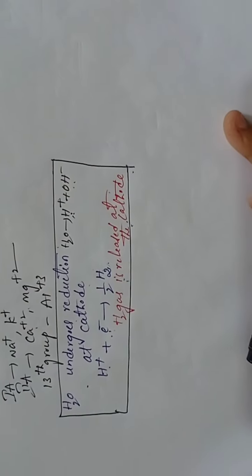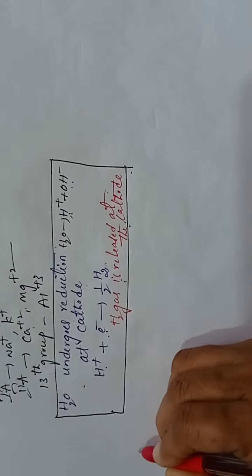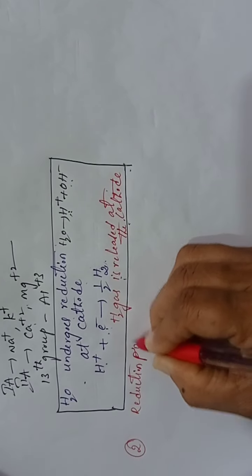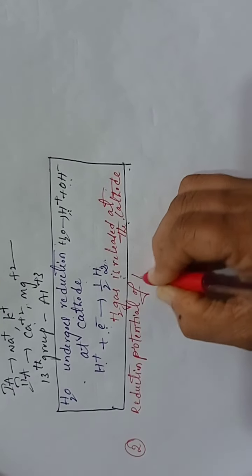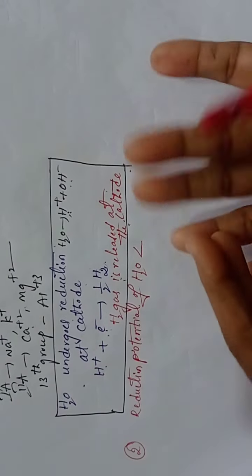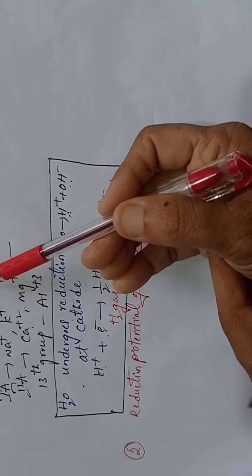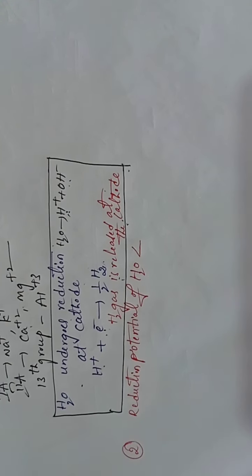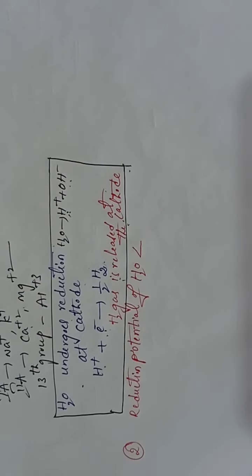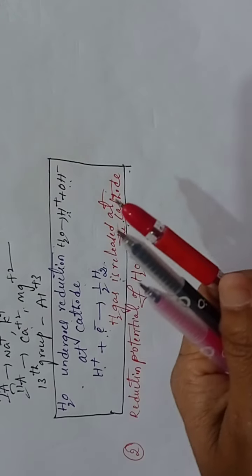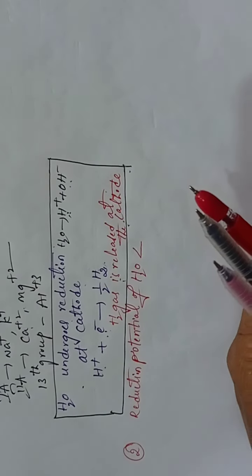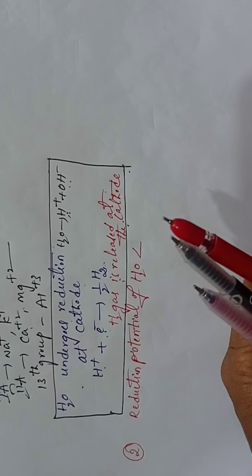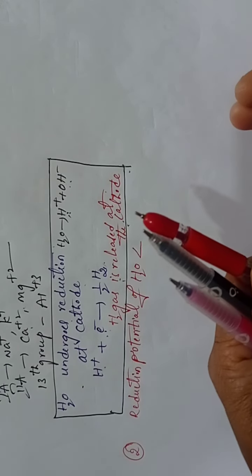Now I am giving the second trick, students, the second point. If the reduction potential of water is less than the reduction potentials of other cations, meaning cations except the first group, second group, and 13th group, are you following?